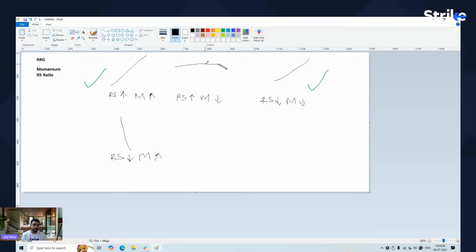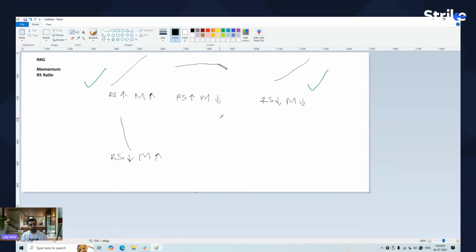Maybe with a 1 week lag or so, it will start cooling off. So that is why judging momentum is also extremely important. Okay, I will come to that in a minute, but let me explain what this means. So this means that the relative outperformance is still there on a rolling basis, but the momentum is now falling.